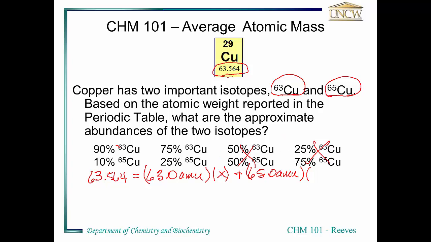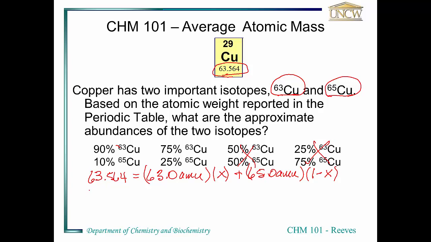The fraction of the sample that is isotope 63 is given by X. That would mean the fraction of the sample that's isotope 65 is going to be 1 minus X. And this problem we can solve.